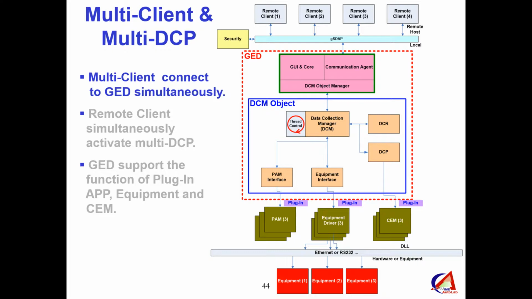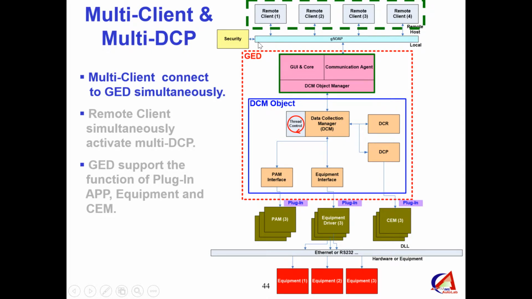You can have multi-client and you can have multi applications. So you see here is GED. We have PAM. We have 3 applications here, 3 equipment drivers and 3 CEMs. We can do it simultaneously. So multi-clients connect to GED simultaneously. Then you see we have remote client 1, 2, 3, 4. We can have multi-client to do it.